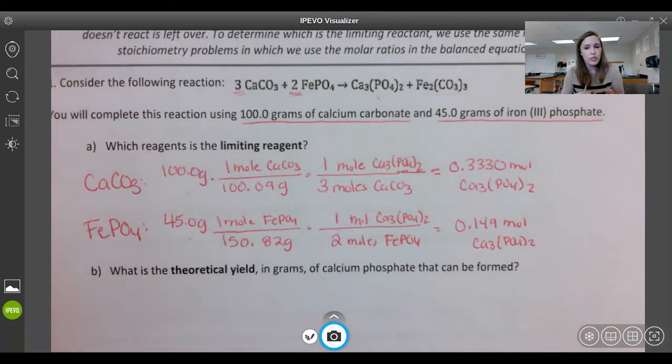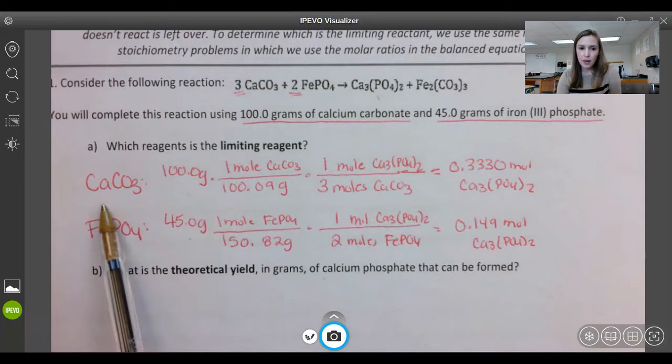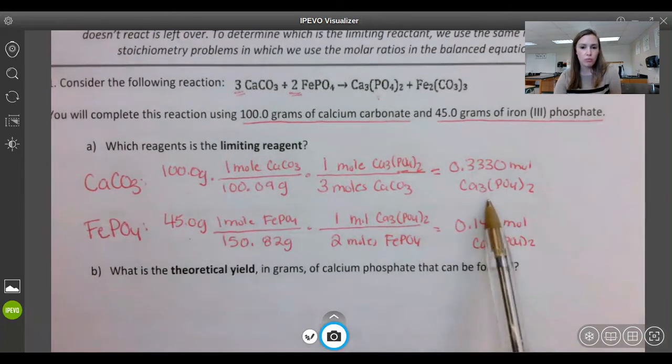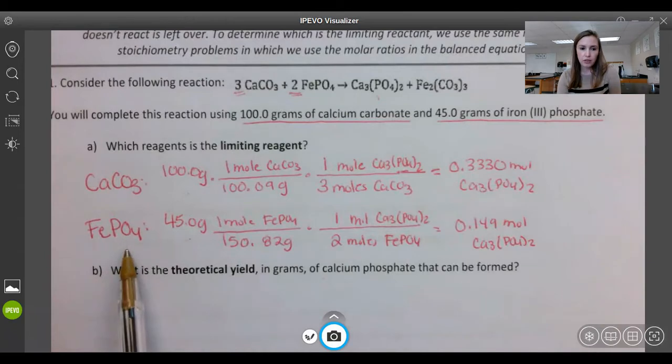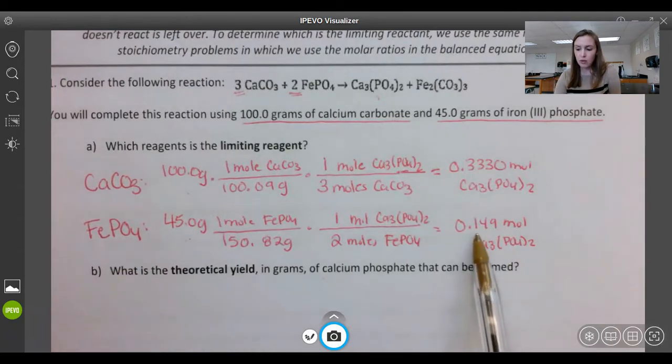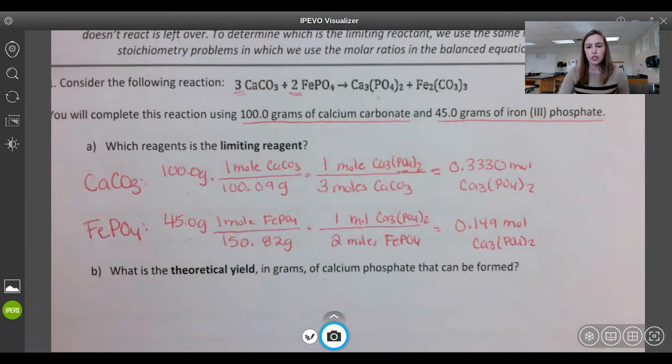All right, so that just gives us information. You actually have to use this to then rationalize which one's the limiting. So this is saying that with that 100 grams of calcium carbonate, I can make about 0.3 moles of calcium phosphate. If I have 45 grams of iron 3 phosphate, I can make about 0.15 moles of calcium phosphate. And I'm just rounding off here for discussion.